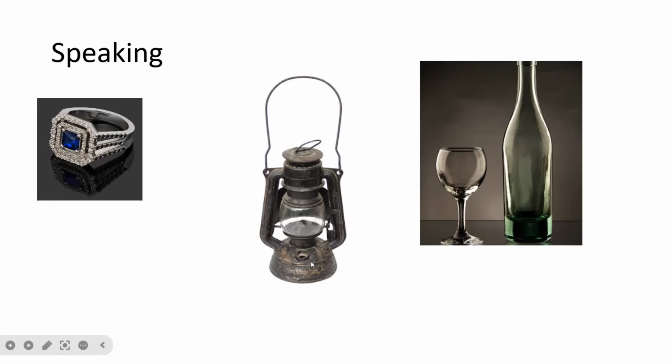We can say beautiful or ugly. It's a beautiful old black antique lamp. For the glasses, we can say it's an elegant, tall glass bottle. Let's move on with the next part of the course.